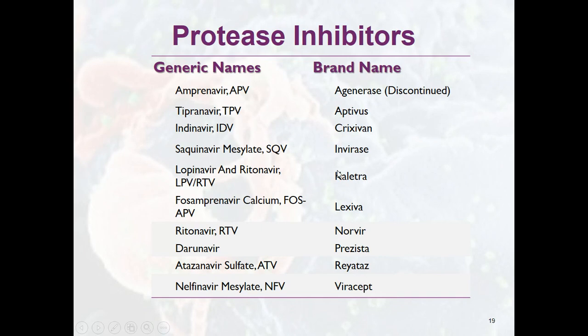I've actually seen those names, Prezista, Viracept, and Norvir, in practice. But again, these are protease inhibitors.